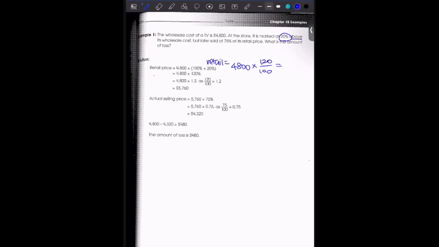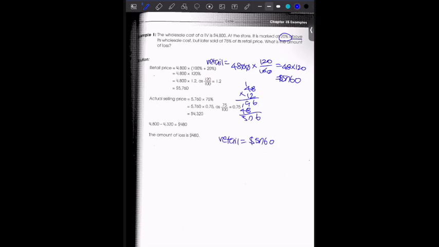And so that tells us that the retail price is going to be 48 times 120. And so that is going to give us $5,760.